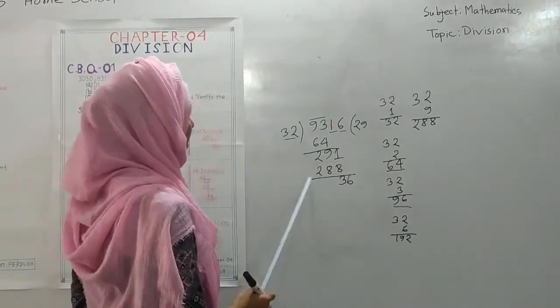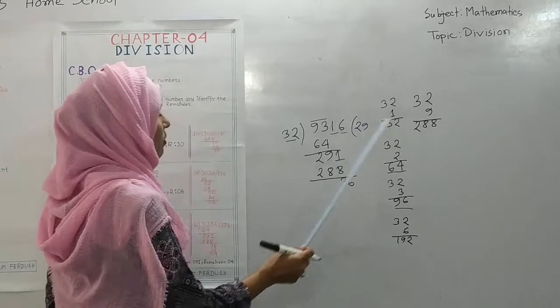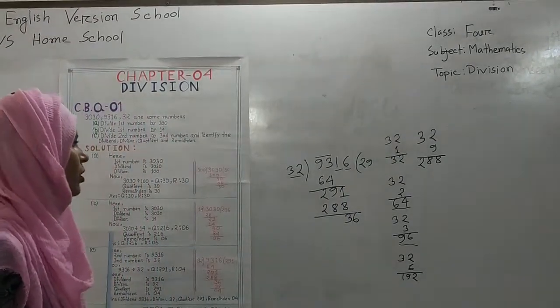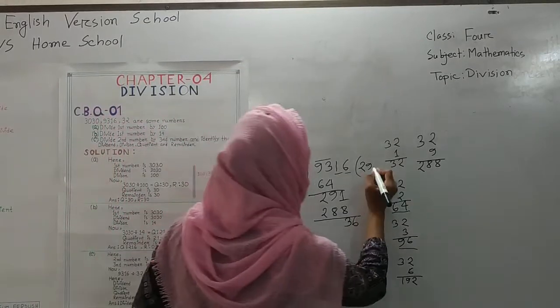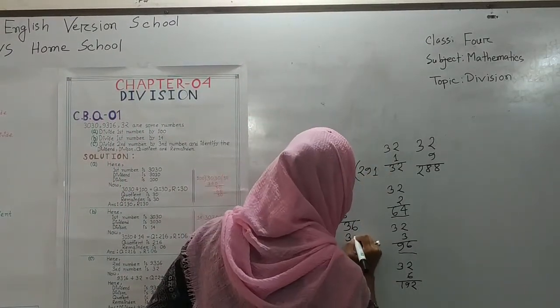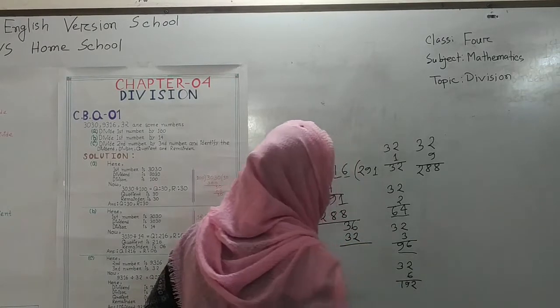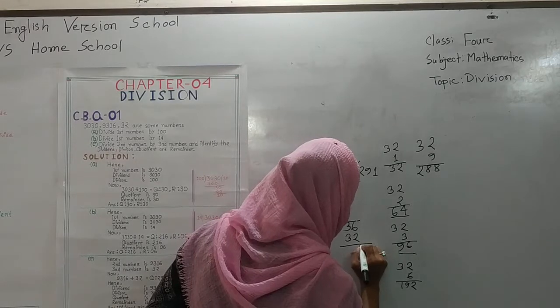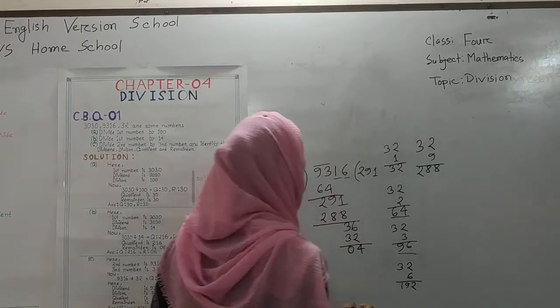Here we can easily see that if we take 1 times 32 equals 32, then we get our result. Subtract 32 from 36, and the result is 04.